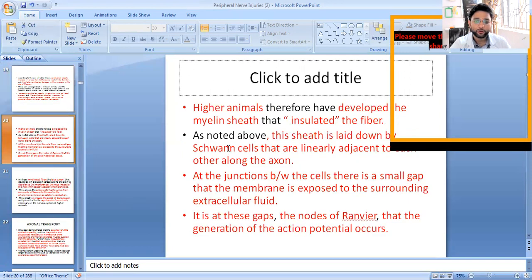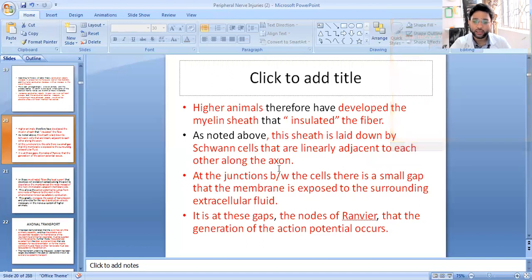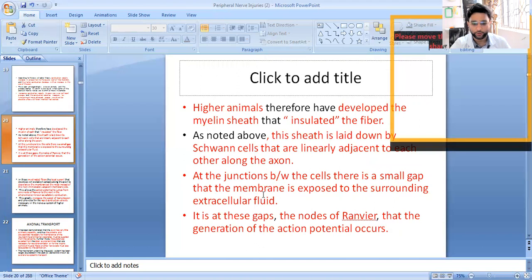Higher animals, therefore, have developed the myelin sheath that insulates the fiber. As noted above, the sheath is laid down by Schwann cells that are linearly adjacent to each other along the axon. At the junction between the cells, there is a small gap where the membrane is exposed to the surrounding extracellular fluid.